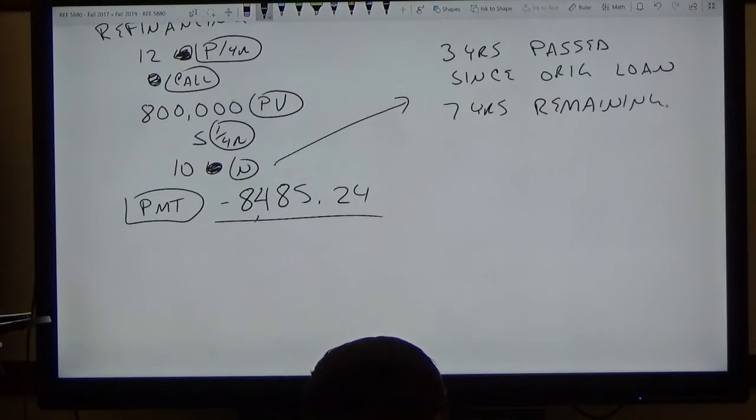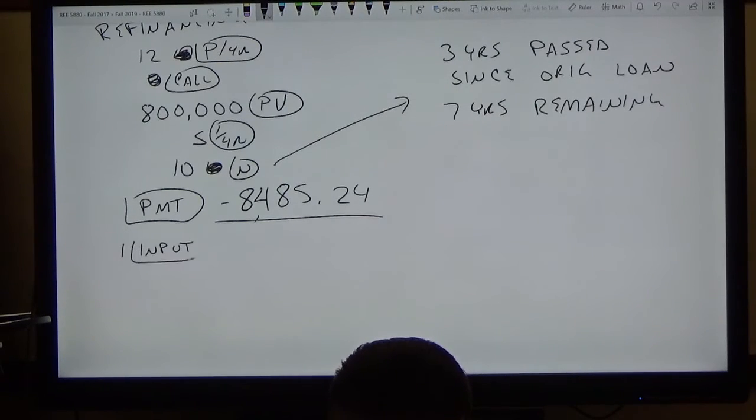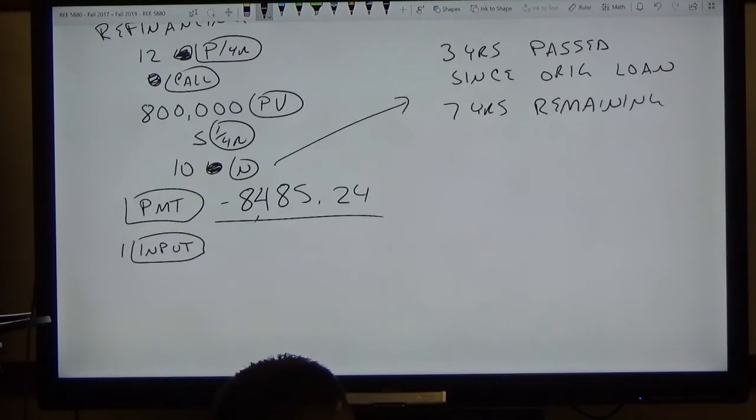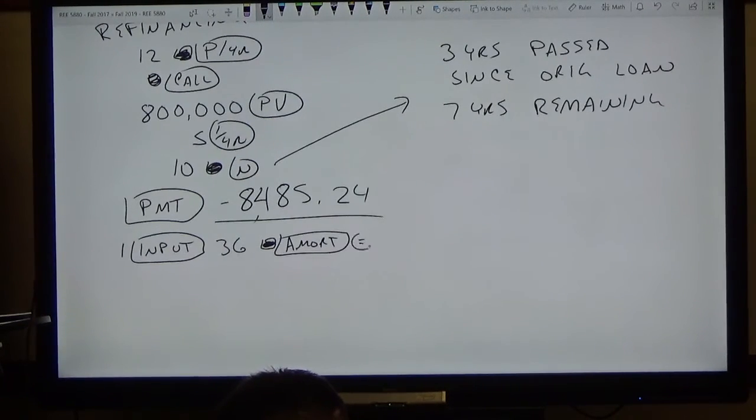What we're going to need to do is go ahead and get the loan balance. So what is the term for which we're going to get the loan balance? 36. 36. Love it. You guys are thinking. 3 years, 36 months. Okay, let's get our balance.